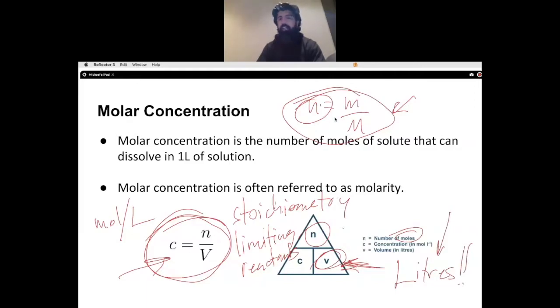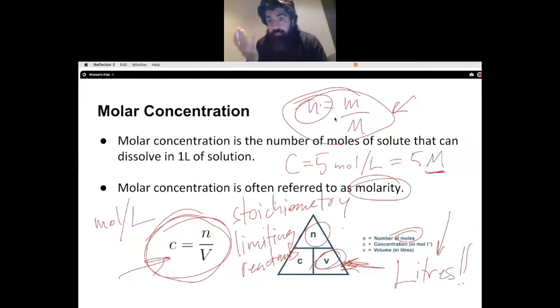Understand here now, let me give you a value. Let's say 5 moles per liter. That's a C value, that's a concentration. Another way that you will see moles per liter written is as such: 5 capital M. This capital M stands for molarity, and it represents moles per liter.